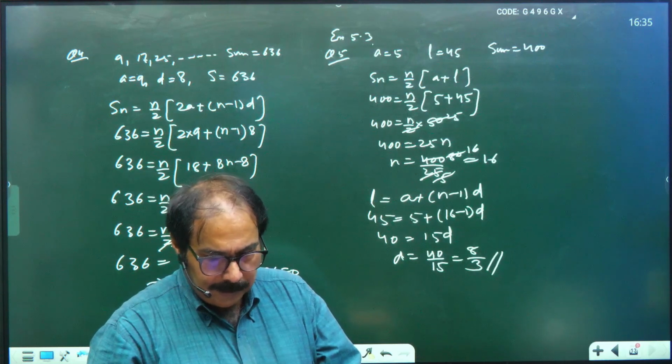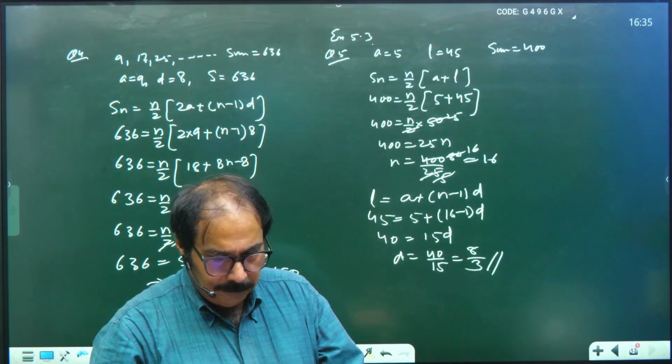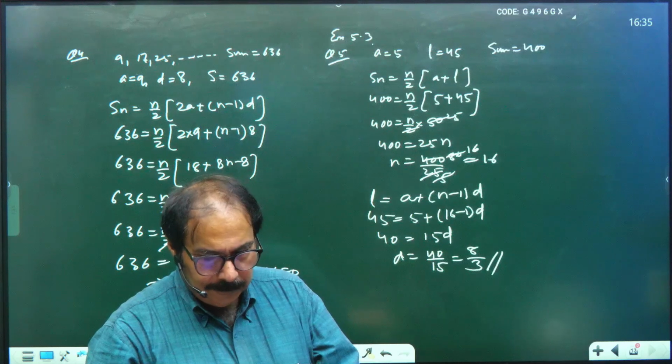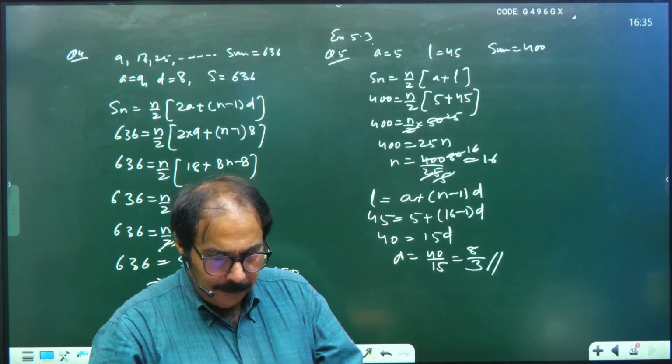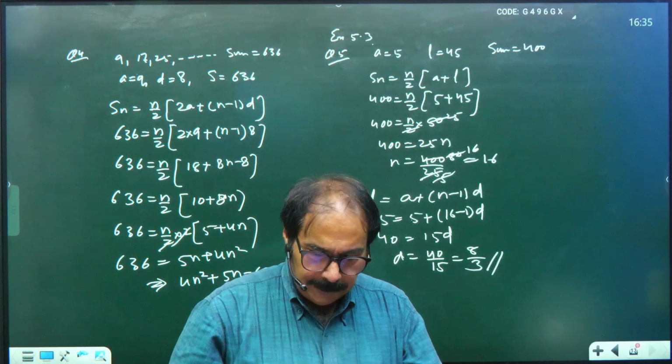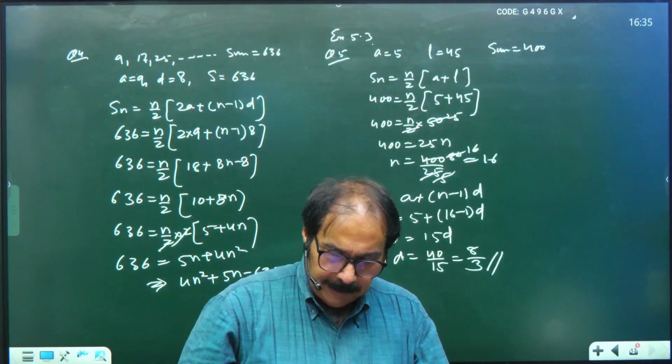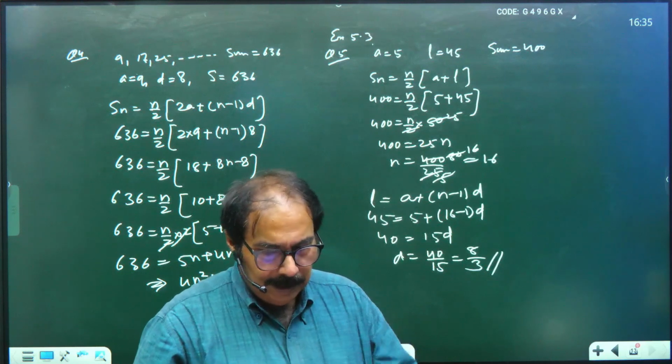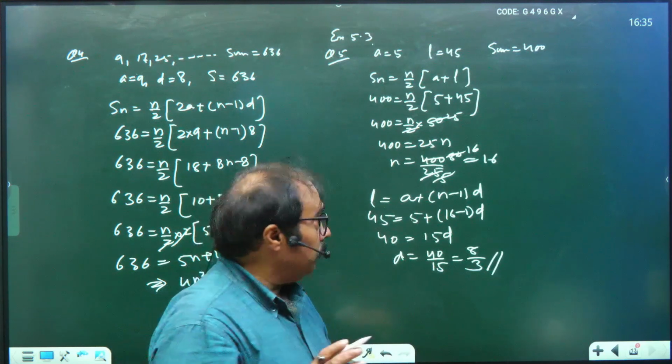Sixth is again the same type of question. Seventh is also: find the sum of first 22 terms in which D is 7 and the 22nd term is 149. Eighth is also the same type of question. Now I am taking question number 10, which is again a very important question.